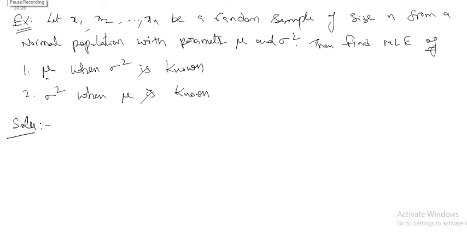First we need to write the probability density function. So let x be a normal random variable with mu comma sigma square.